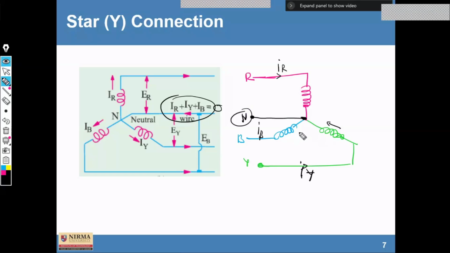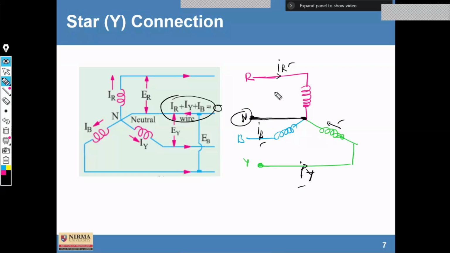Clear? But if the currents IR, IY, and IB are different, then there would be a possibility of unbalance in the system and the sum would not be zero. And for that, we need a return path to close the circuit. And this is the requirement of the neutral of the system.